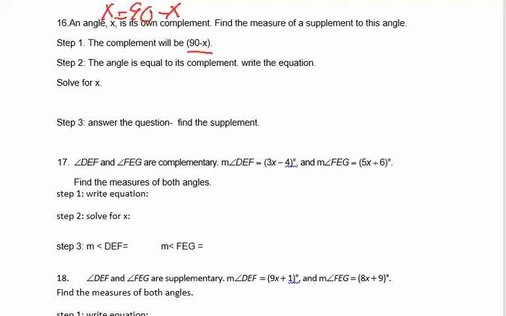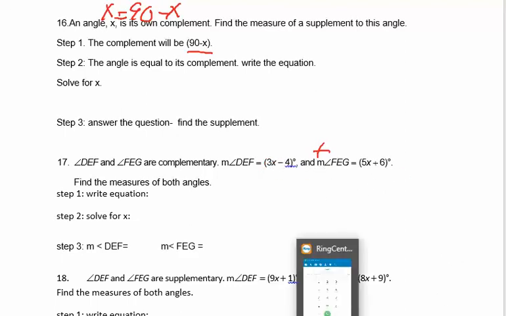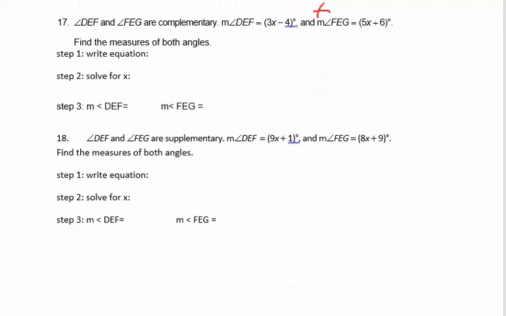In number 17, these angles are complementary. You have to take this plus this, and it'll be equal to 90, because they're complementary. Once you write the equation, then you still have to solve for x, and then you still have to go back and plug your answer in and find what both angle measures are.